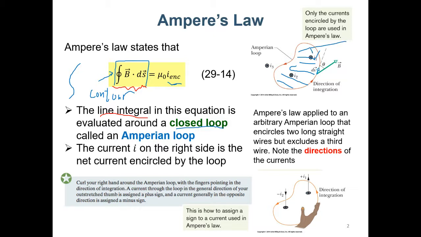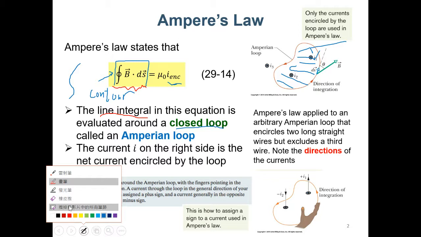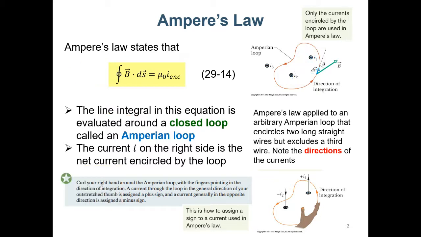So I1, we just remove all of them. Here I1 is pointing out of the page, and I2 is pointing into the page. So for this one, we have the line integral of B dot ds equals mu0.